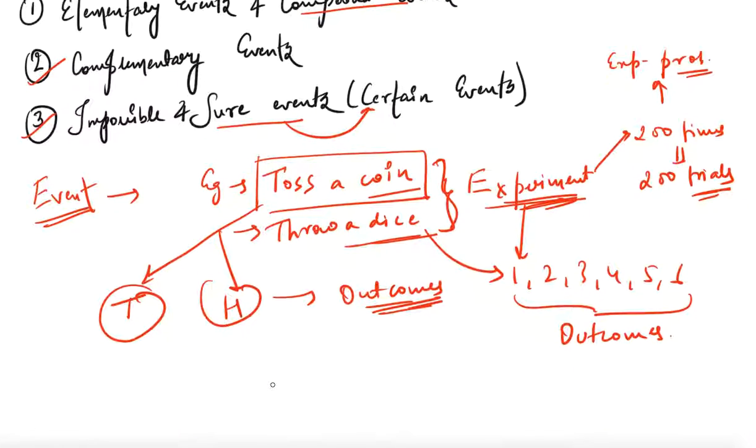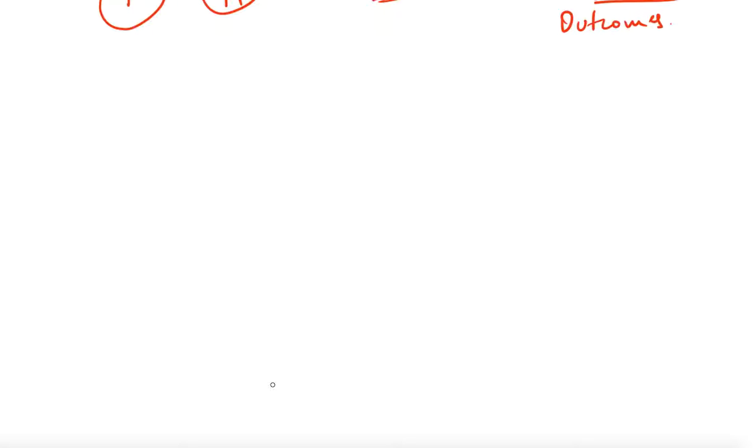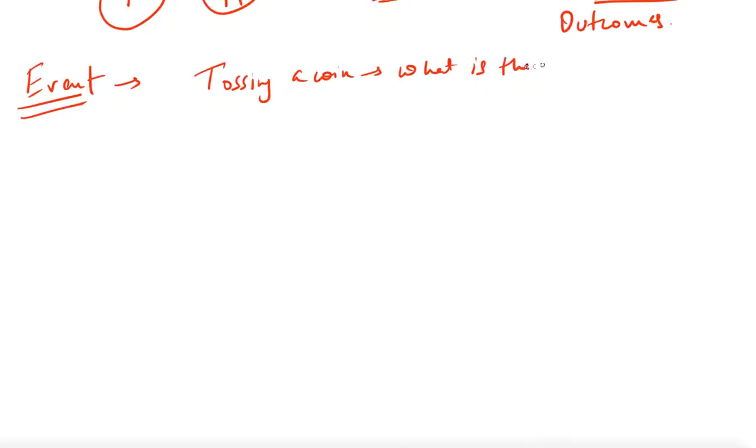Now what is an event? Let me clarify the meaning of event. Suppose I am tossing a coin, and I want to know the probability of getting a head.